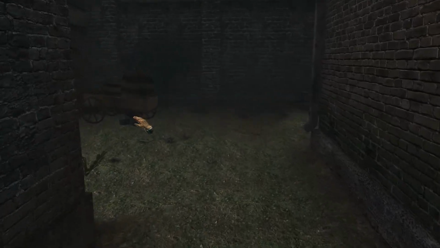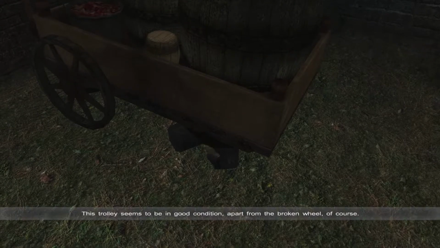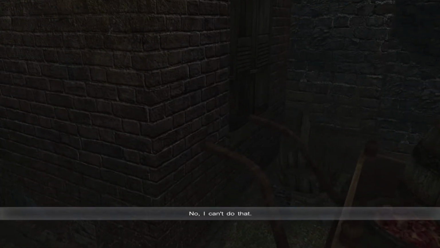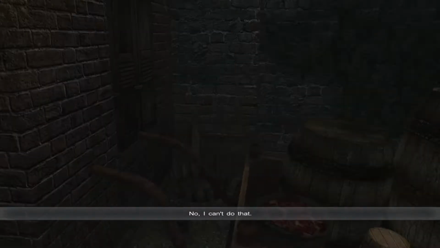What on earth am I missing at the moment? I thought we could take the rock. This trolley seems to be in good condition, apart from the broken wheel, of course. Maybe... No, I can't do that.